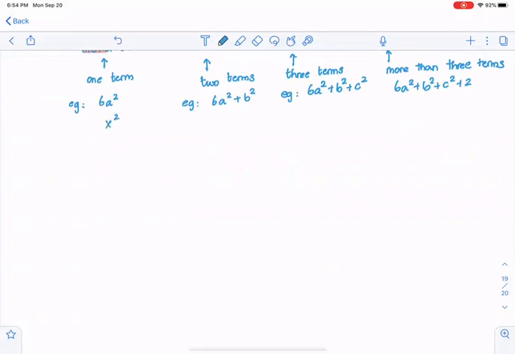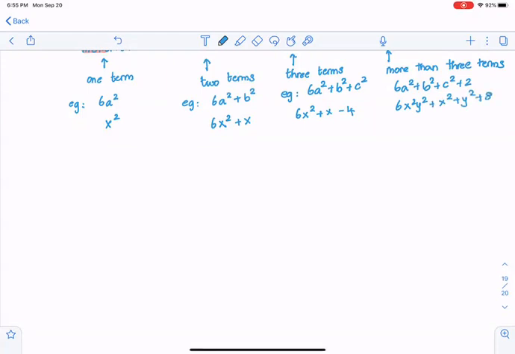So it doesn't make a difference with monomials because there is only one term. I could have an expression of this sort, 6x squared plus x. That is still a binomial because it has two terms. I could have 6x squared plus x minus 4. It still is a trinomial because it has three terms. I could have 6x squared y squared plus x squared plus y squared plus 8.